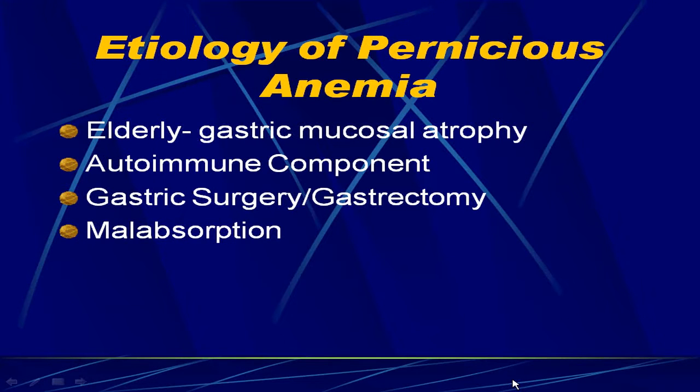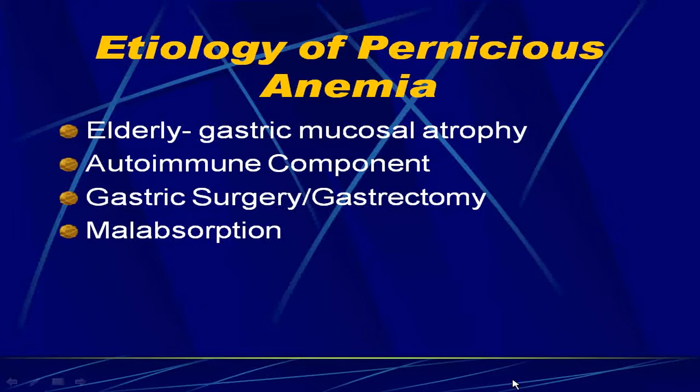Whenever you see autoimmune, that means that the body is attacking itself. We know that the immune system is responsible for fighting off the bad things that try to attack us. Well, with autoimmune, this is the body attacking itself.